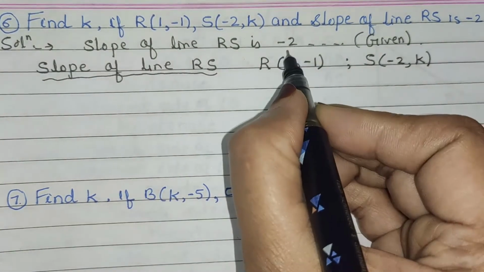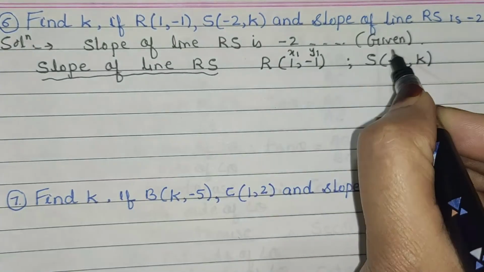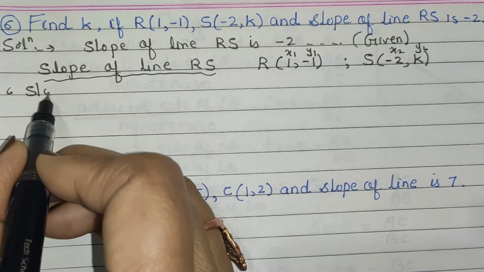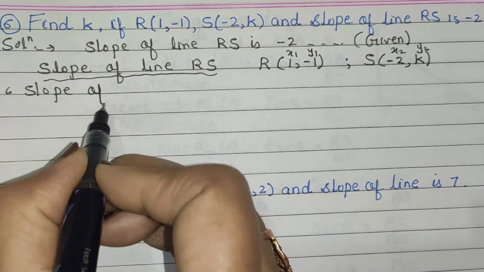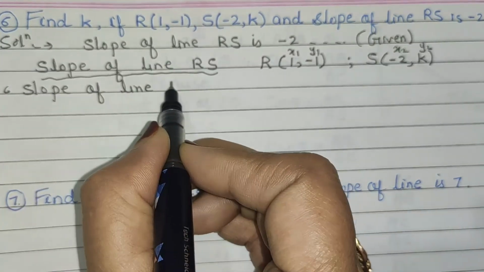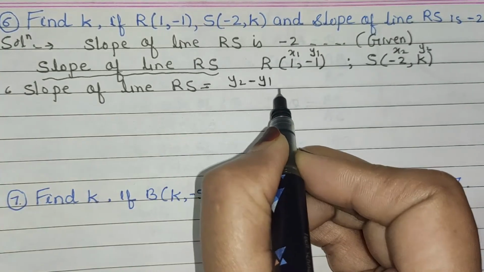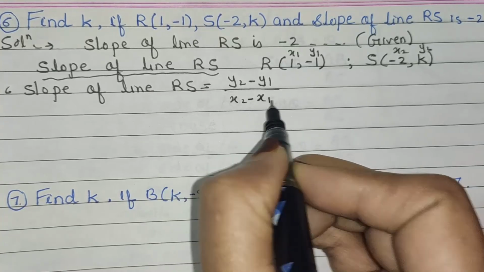Let us consider the coordinates are x1, y1 and here x2, y2. Now by using formula, slope of line RS is equal to y2 minus y1 upon x2 minus x1.